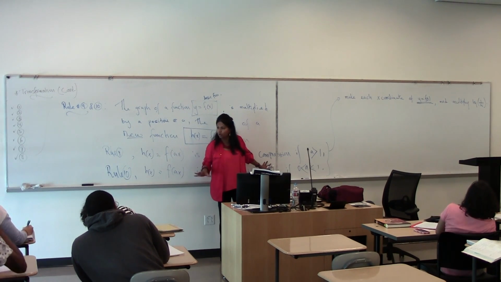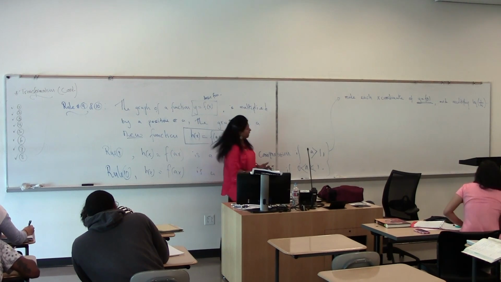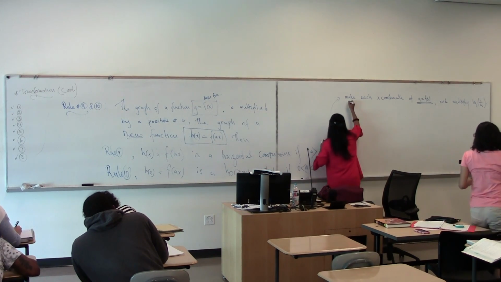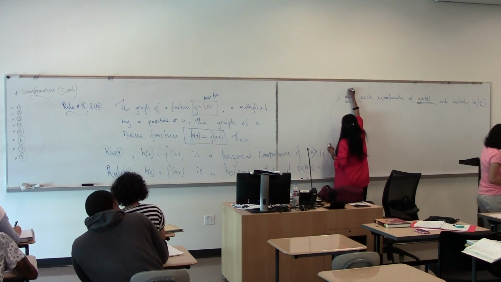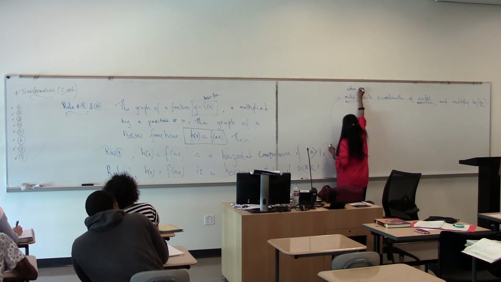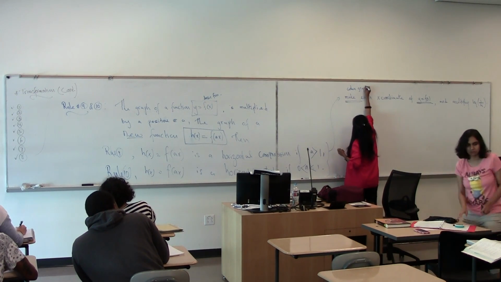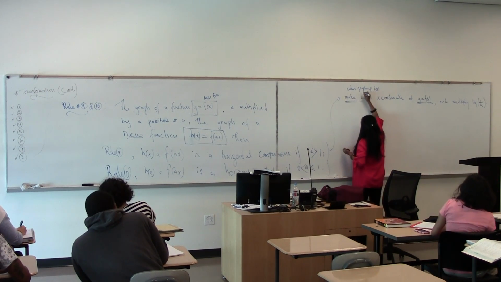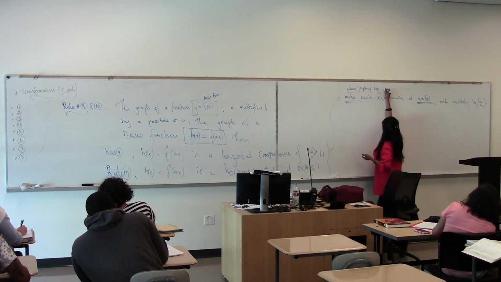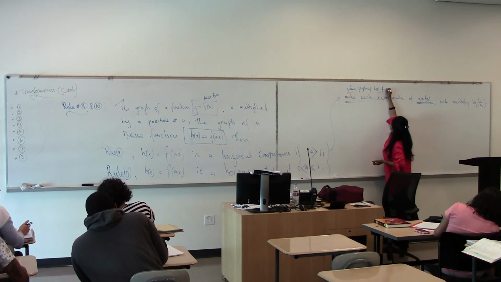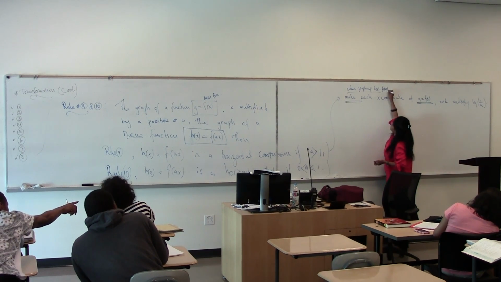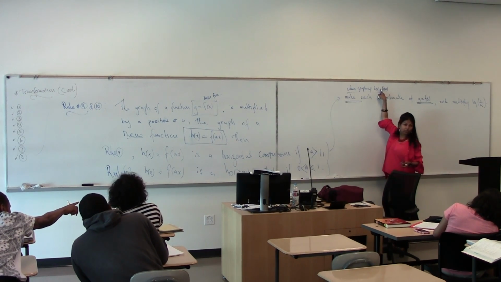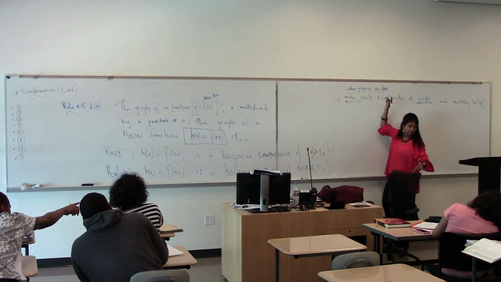It works the other way. So this is how we graph h of x when h of x is equal to f of a x. This is what we are supposed to graph.